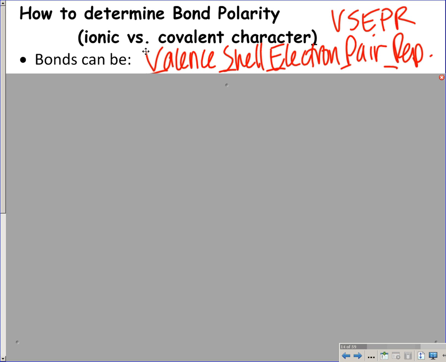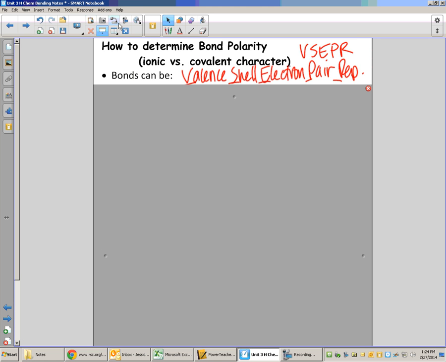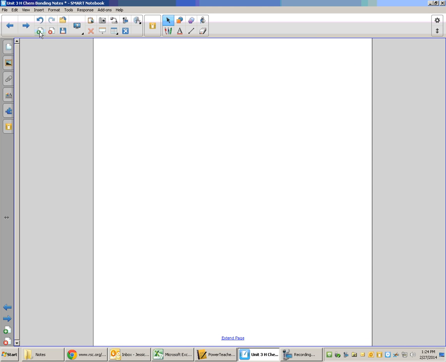Okay, so we're going to see how these atoms arrange themselves. Now, when I say valence shell electron pair repulsion, what am I actually telling you the electrons are doing? They're repelling. So, water. What's the formula for water? H2O.